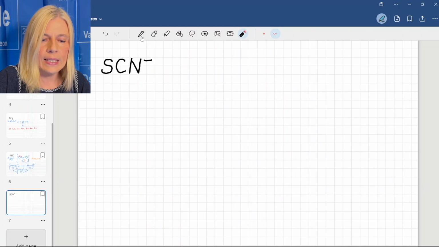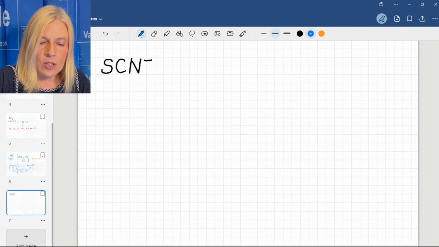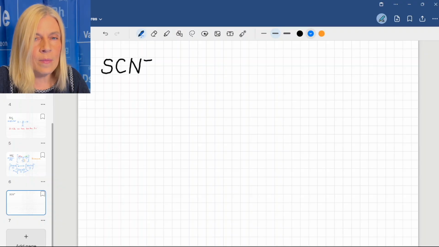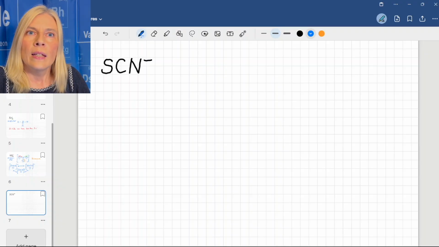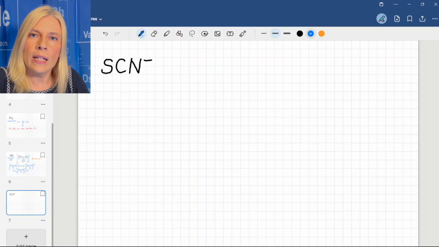SCN minus. So let's draw it out. We're going to draw it many times the way it is. Now also remember, carbon is the least electronegative, so we will stick carbon in the middle because nitrogen and sulfur are more electronegative.